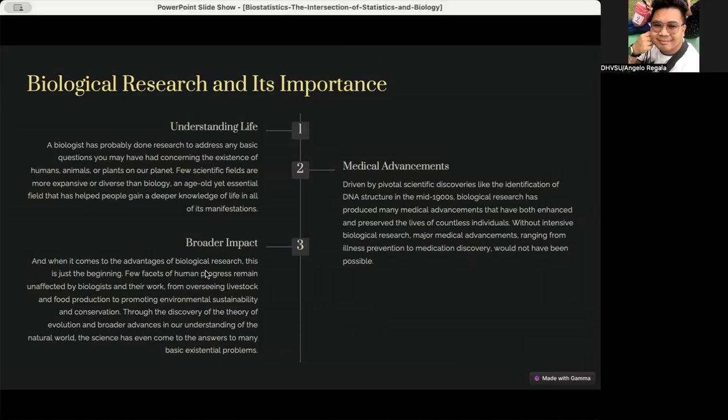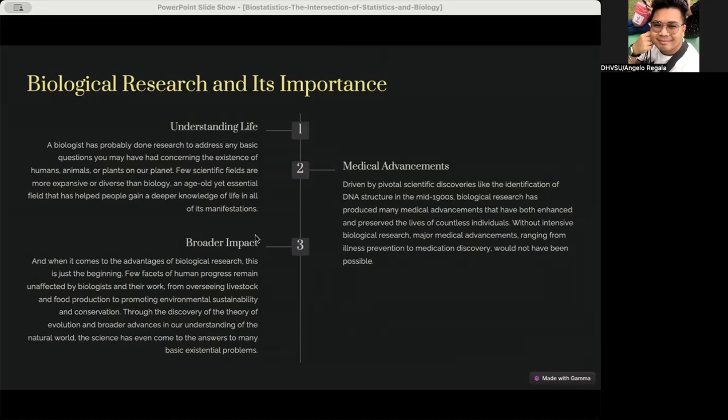Now, on the next few slides, we will be discussing some topics that you can have when we talk about biological research. Today, when we talk about biological research, these are the heaviest topics that humanity faces, which may include our very own existence.